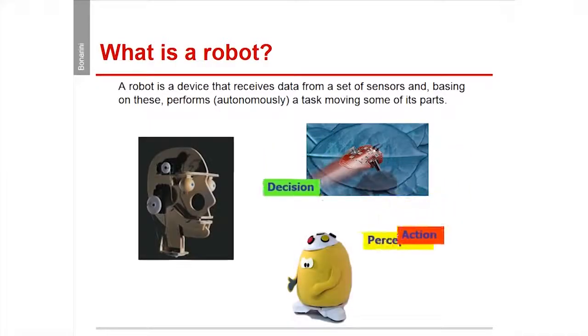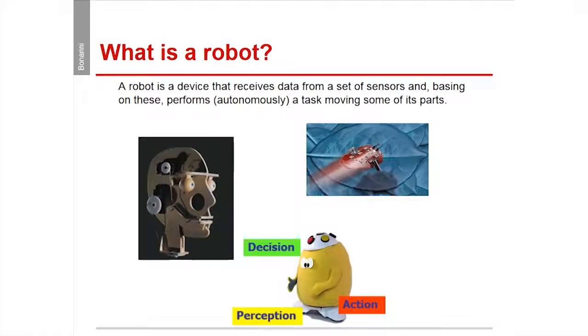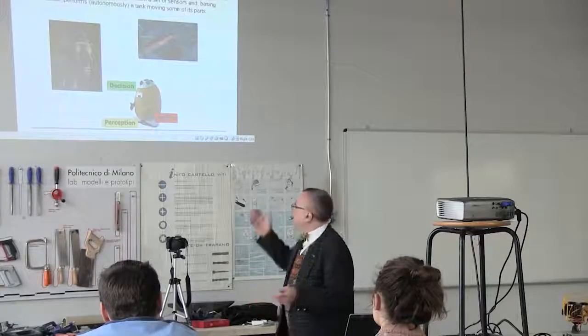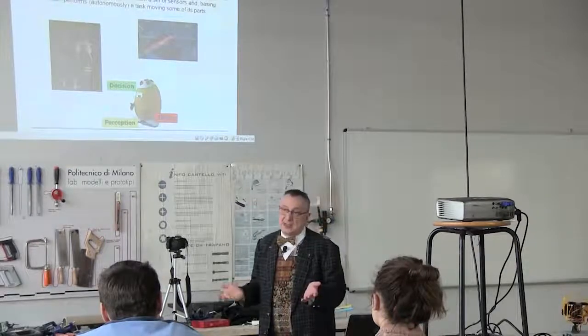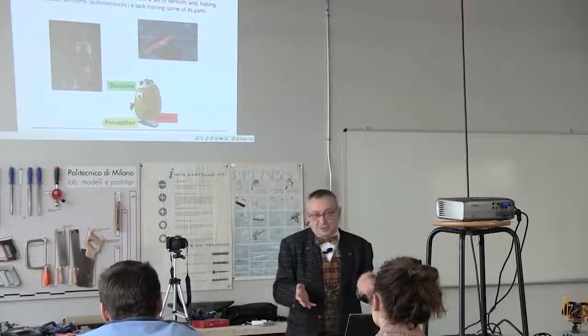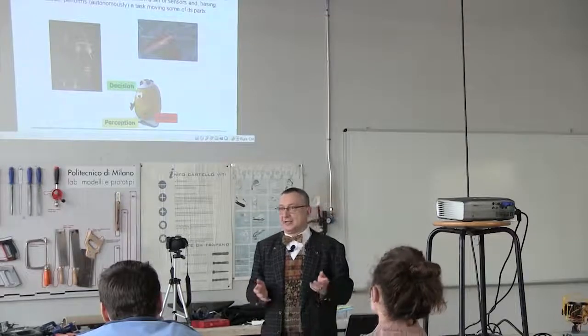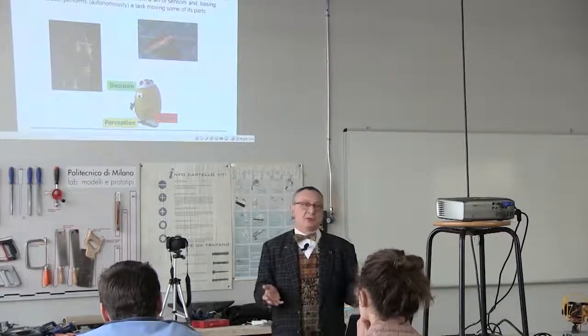This is another one we are developing together. It's a robot for autistic children. And again, this robot has some perception, has distance sensors, takes decisions, and upon the decision it takes, it makes some actions. So, for instance, it would like to play. It goes toward this child and says, "Okay, please, would you like to play with me?"